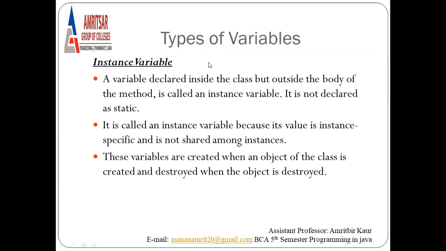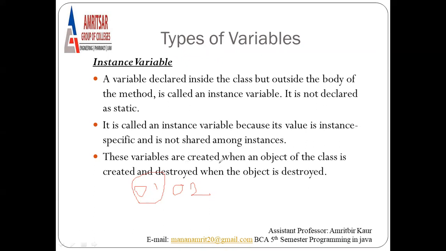For example, we create two objects, O1 and O2. If O1 is using an instance variable, then O2 cannot use this instance variable. It will use another instance variable. So an instance variable is not shared among instances.